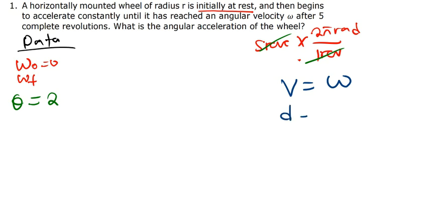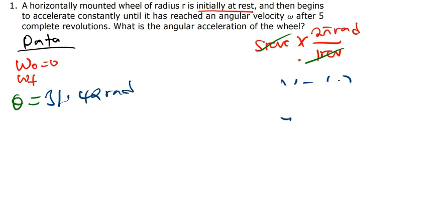The displacement d becomes theta here. So whenever they're talking about the revolution, we're talking about theta. Converting from revolution to rad, 5 times 2 pi gives 31.41, but in this case I'll just say 31.42 rad.